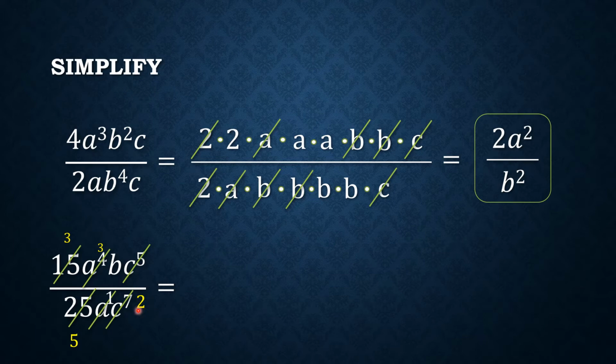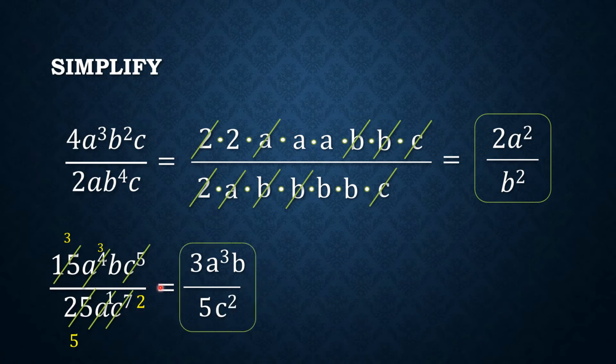Si 7 magiging 2. So, sulat na natin yung matitira. So, we have 3 and then meron tayong a cube b all over 5. Remember, may c ka pa rito, c squared. So, this is the simplest form of these two examples.